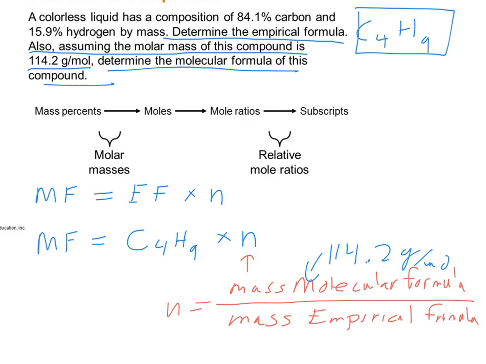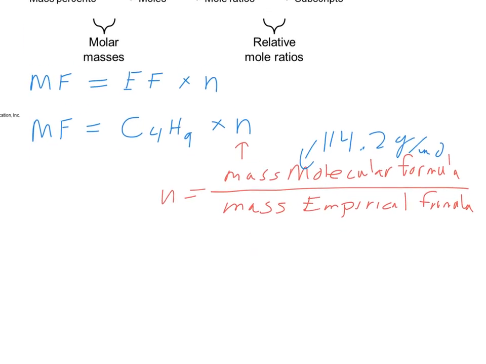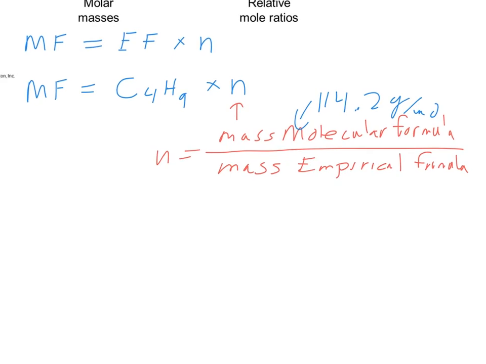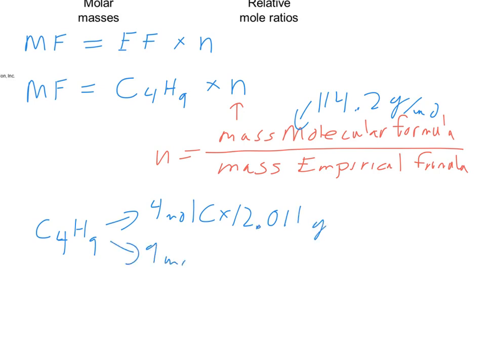We just need to figure out the mass of the empirical formula. Well, that's easy enough. Our empirical formula is C4H9. So if I have 1 mole of my empirical formula, that means I have 4 moles of carbon at 12.011 grams each, and 9 moles of hydrogen at 1.008 grams each.